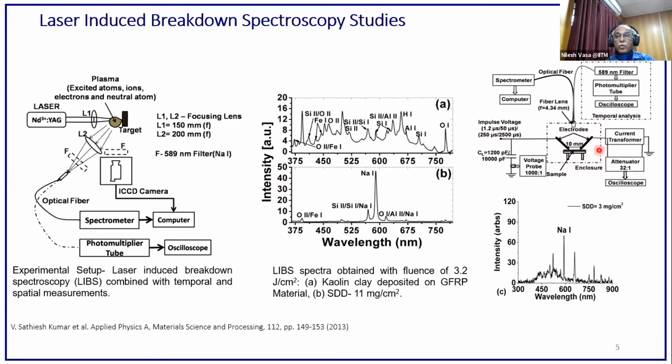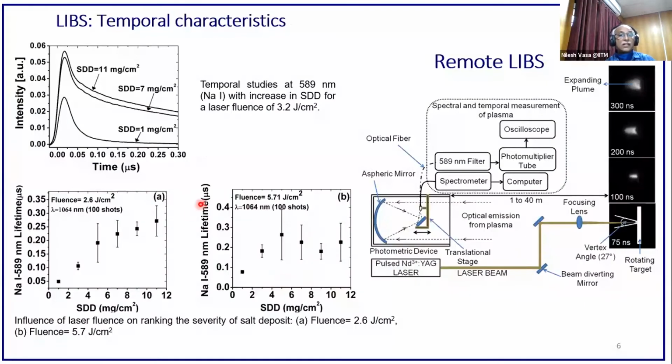Although I have not described the high voltage test results here, what we observed through optical emissions during this high voltage discharge also clearly showed sodium emission lines, and that was matching with what we were trying to observe with LIBS. The advantage with LIBS is we can do this study from a remote distance, as compared to the high voltage discharge studies, where we require a laboratory setup to conduct these experiments.